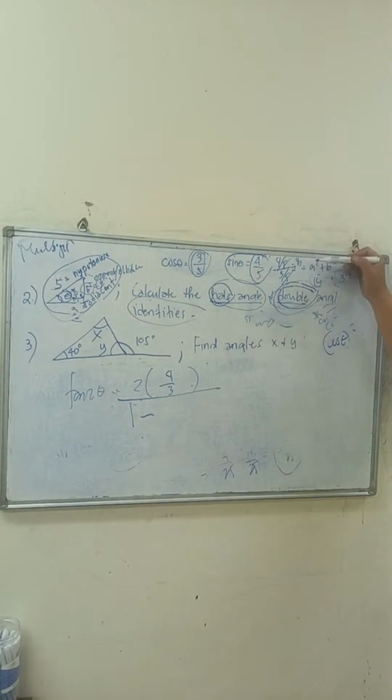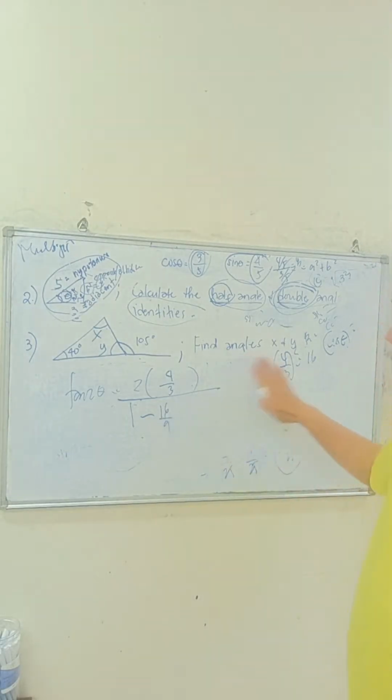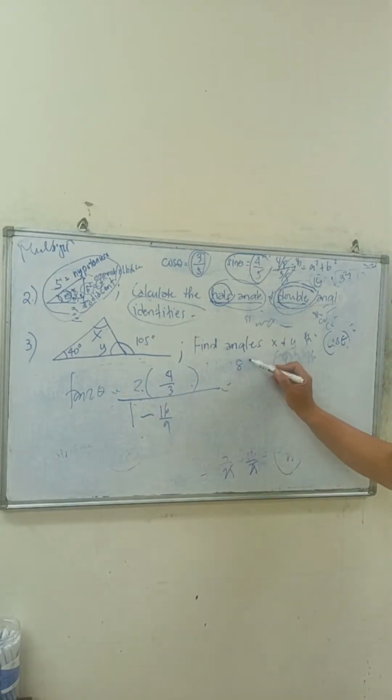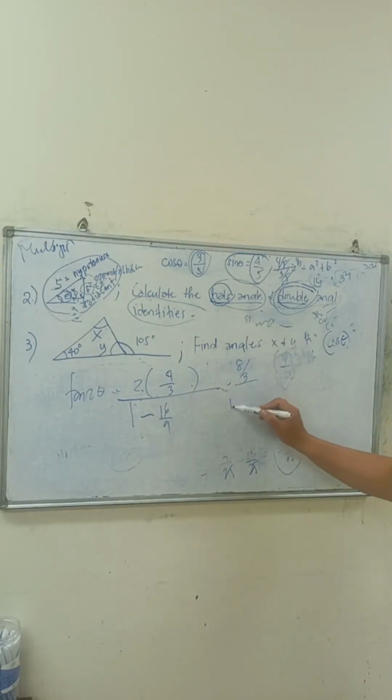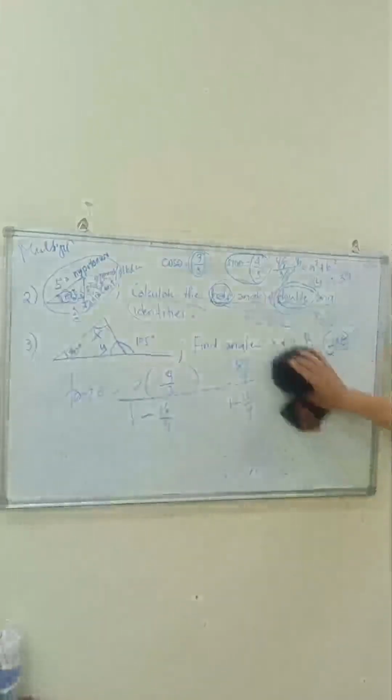Now 2 tangent theta over 1 minus tangent squared theta. So you need to square the 4 over 3, tangent theta raised to the power 2. 4 over 3 raised to the power 2 is 16 over 9. Now perform the mathematical operation: 2 times 4, 8 over 3, over 1 minus 16 over 9. There are 3 ways to solve this, as I told you over and over again.